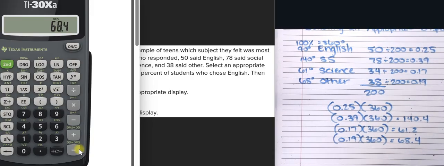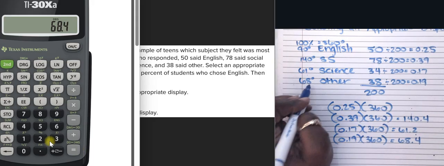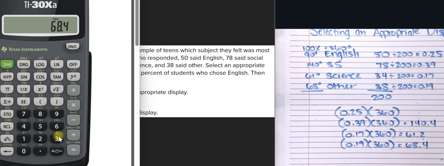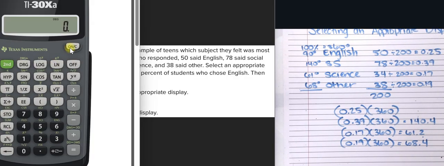Now, what I've noticed is that each one of them that we rounded, all of them were rounded down. Like we didn't round up in any of those. So what's going to happen is when we look at our degrees over here, if we add everything up, 90 plus 140 plus 61 plus 68 gives us 359.